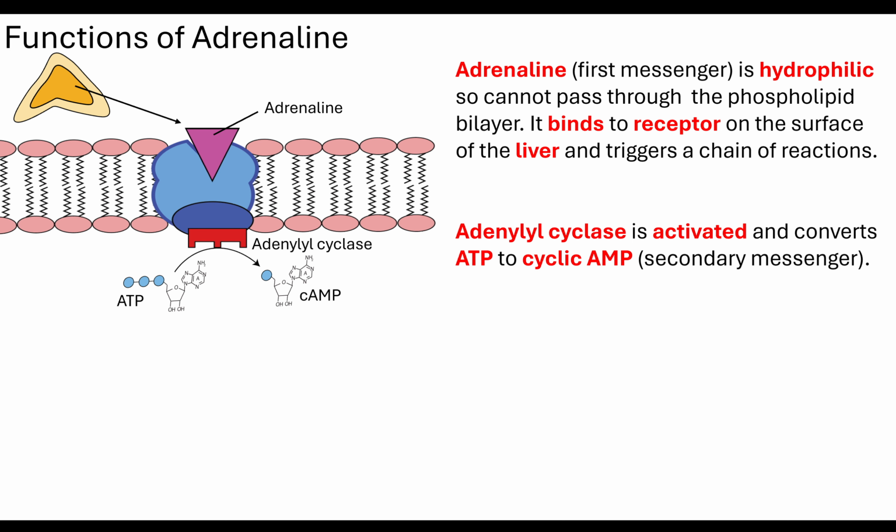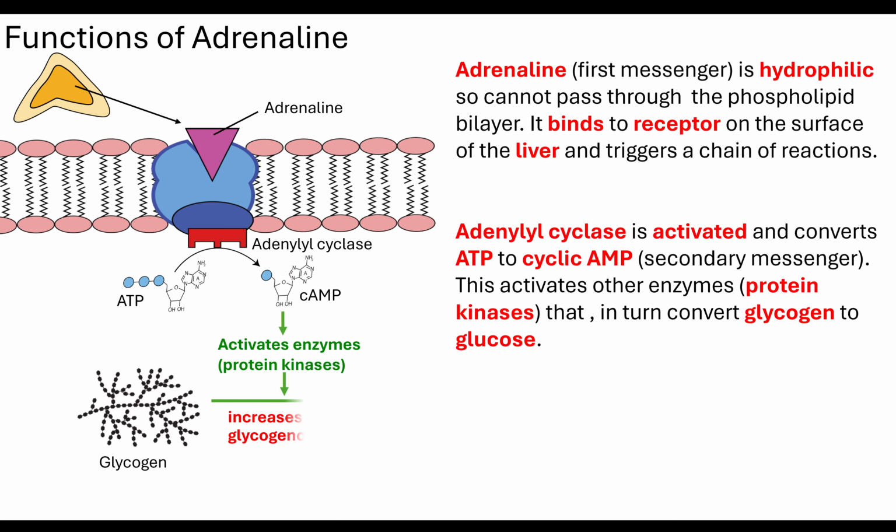Now, ATP is adenosine triphosphate. AMP is adenosine monophosphate. And what that means is that the ATP is going to be hydrolyzed down into this cyclic AMP. Now, cyclic AMP is known as a secondary messenger because that is going to then activate other enzymes.